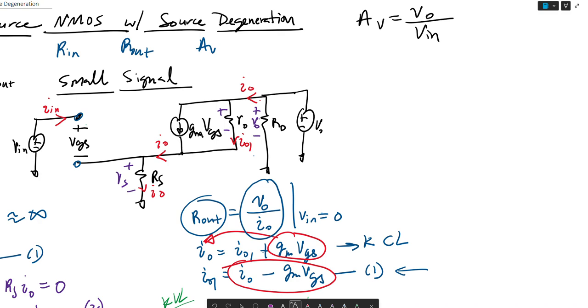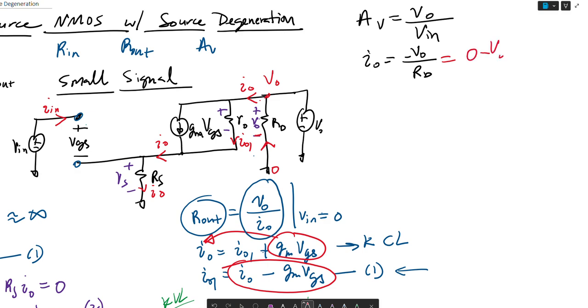Again, we consider that IO is equal to negative VO over RD. And the reason why this is negative is because you can consider that the current is flowing here into the negative terminal. So we can consider 0, and this is a VO.